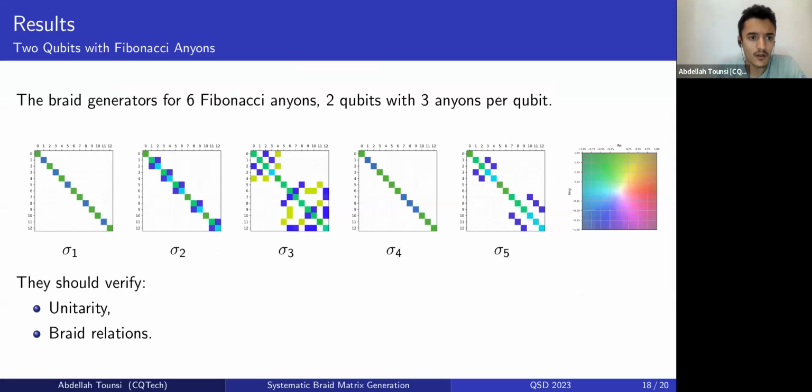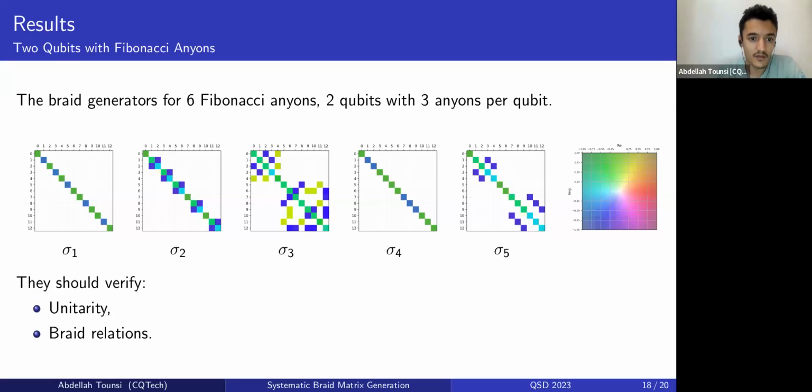As a result, let's take a concrete example of 2 qubits with Fibonacci anyons. We have here 6 Fibonacci anyons. We want to represent 2 qubits with 3 anyons per qubit. So the fusion space dimension is 13, so you have 13 possible fusion states.